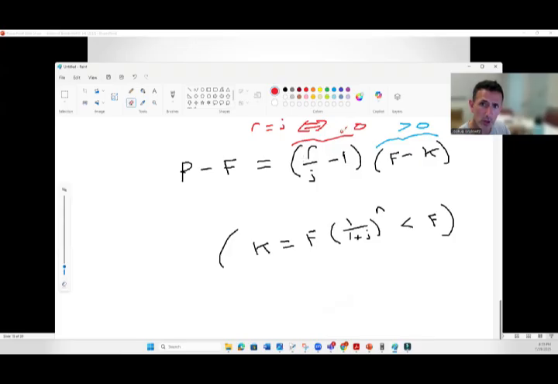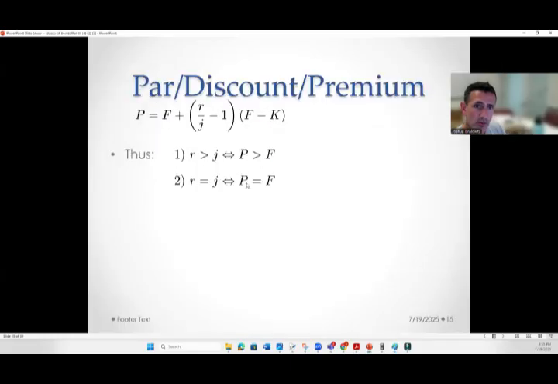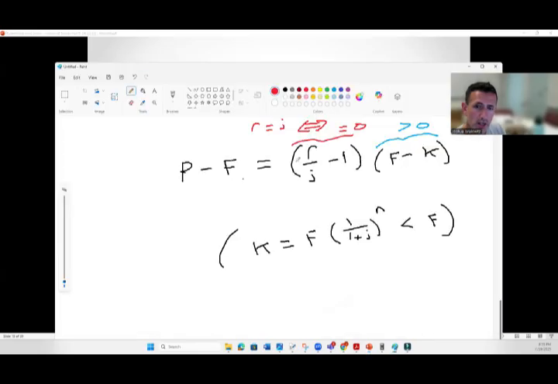The whole thing equals 0 precisely when R over J is 1, which is the same thing as saying R equals J. So R over J minus 1 equals 0 is the exact same thing as saying R equals J. So the price equals the face value precisely when R equals J.